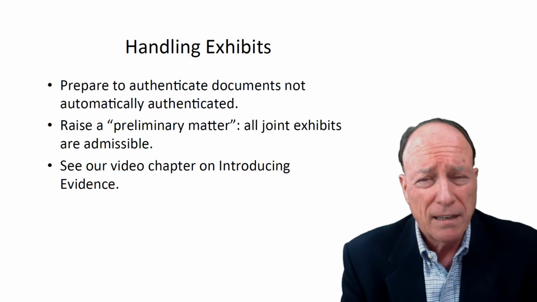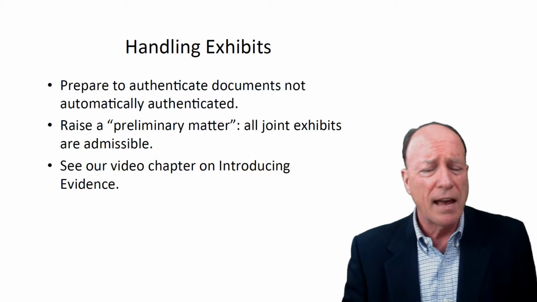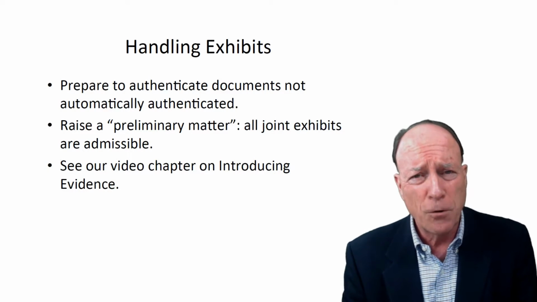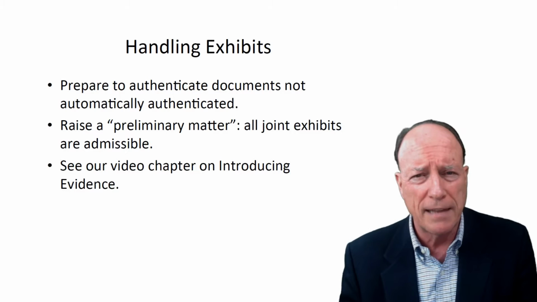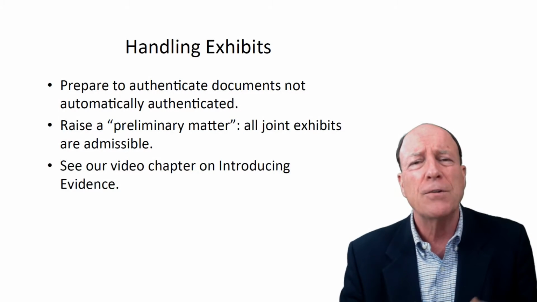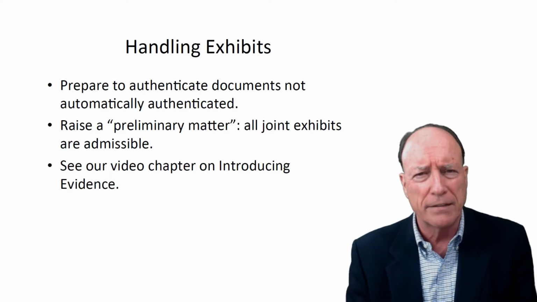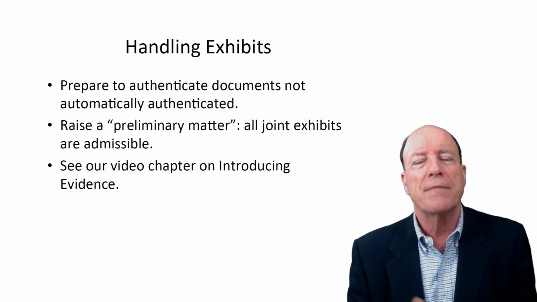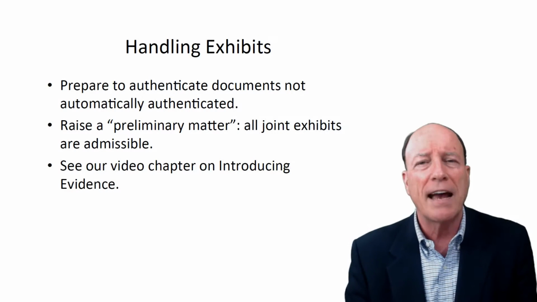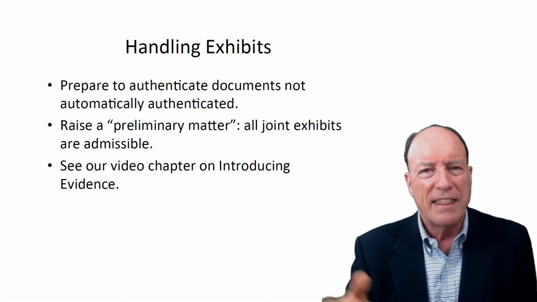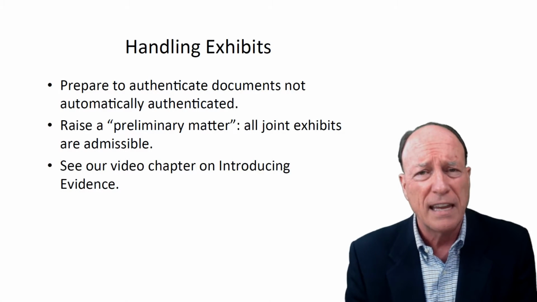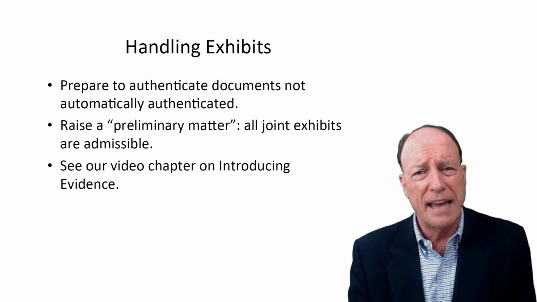Now, having settled this with the other side, when the judges are in the room and before the round begins, before any opening statements are made, that is the time to simply ask the panel if you can discuss with them a preliminary matter. By all means, tell them that you have discussed a set of joint exhibits with the other side, and that you've agreed that the joint exhibits are not objectionable, are authentic, and may be admitted into evidence.